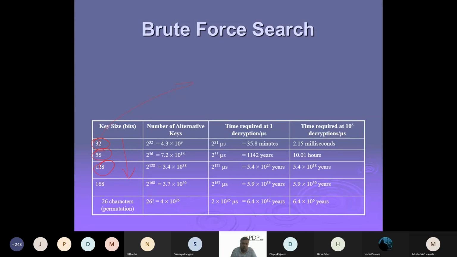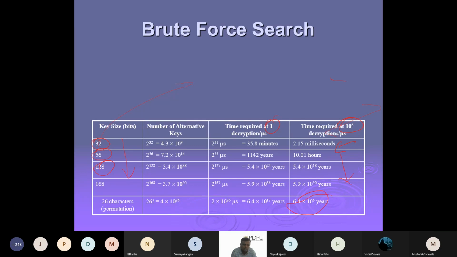And if one decryption takes a certain time, say one decryption per microsecond, or 10 raised to 6 decryptions per second, then this is the time. And if I go down, you can see this many years, and this is not a small number of years.